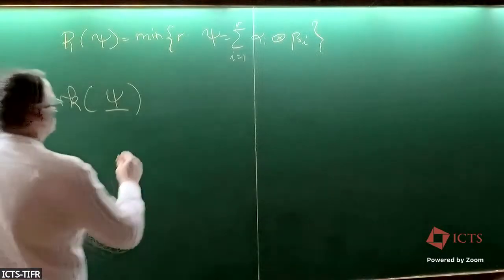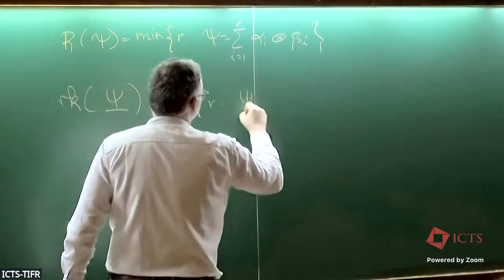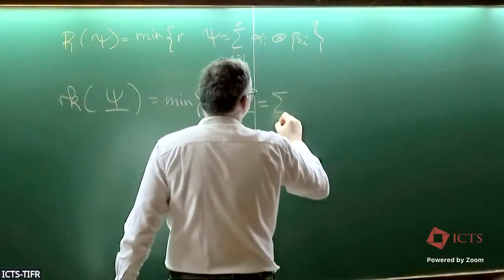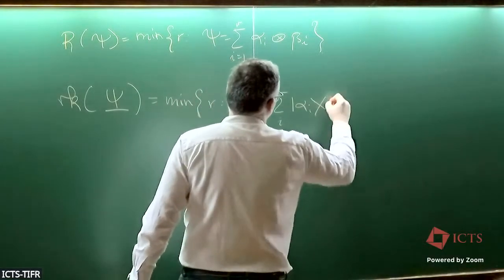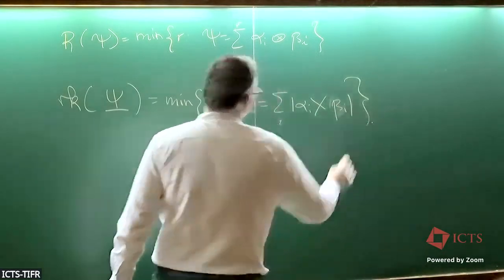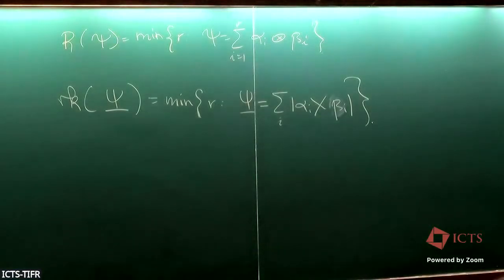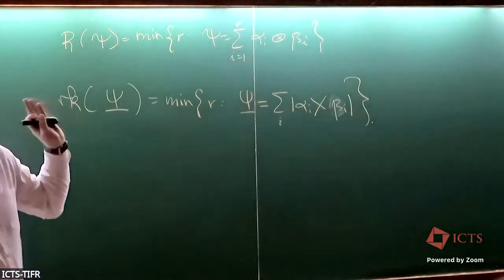What is the usual rank? It's the minimum R such that I can write my matrix as a sum of rank 1 operators. So this tensor rank for matrices is just the usual rank.